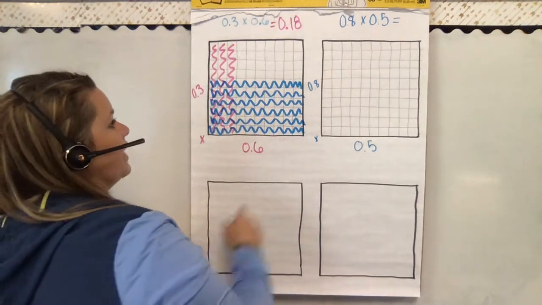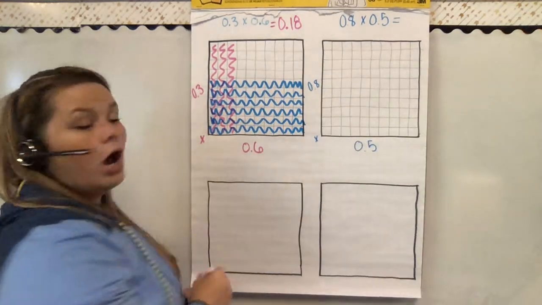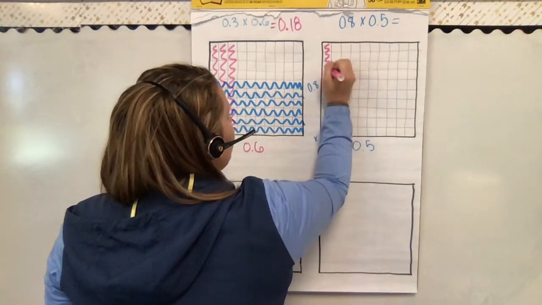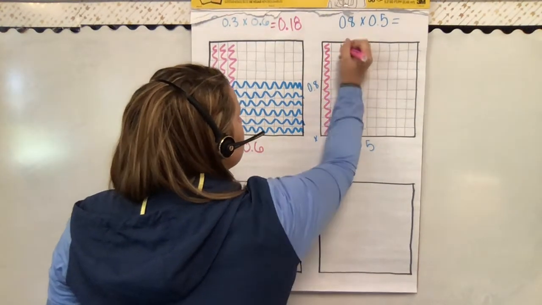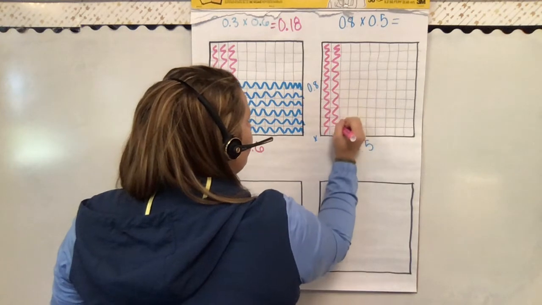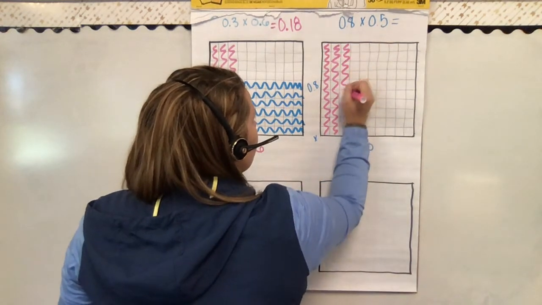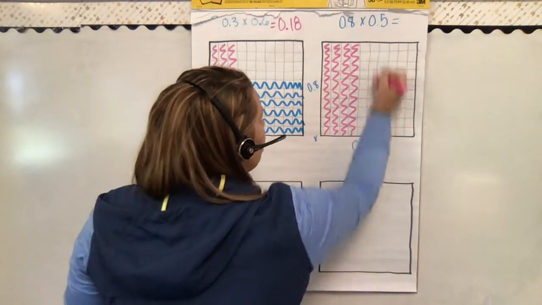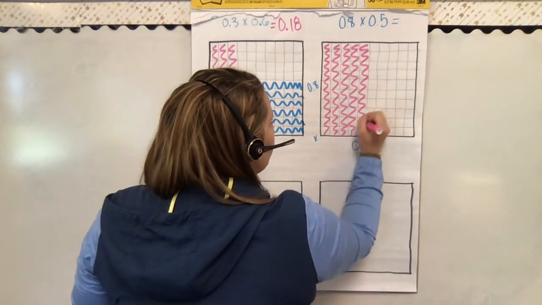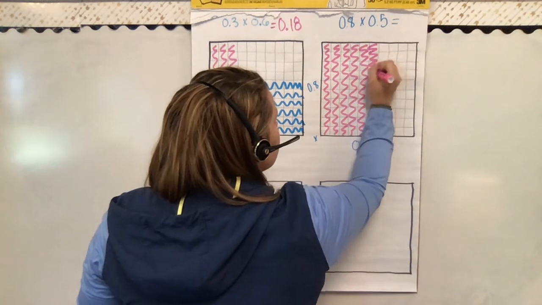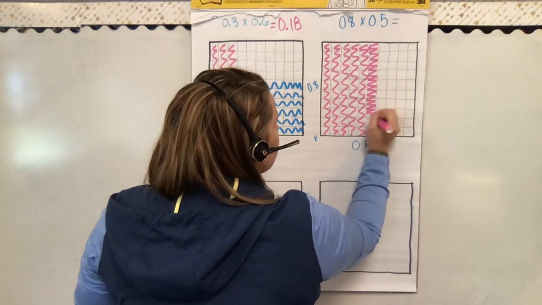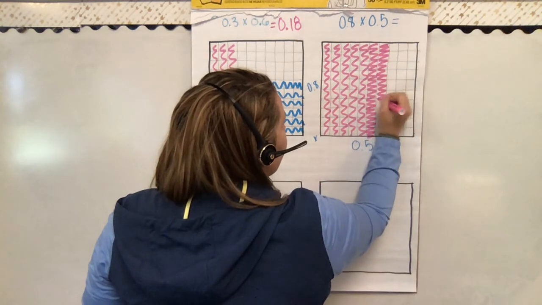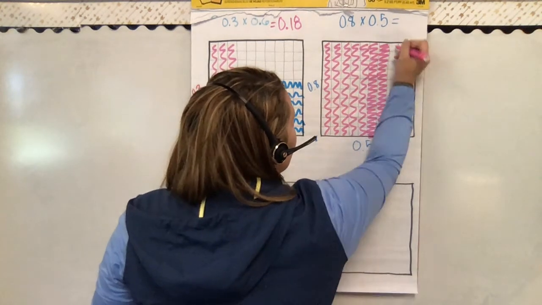And so I'm going to shade 8 columns or 8 vertical. So like this, 1, 2, 3, 4, 5, 6, 7, and 8.